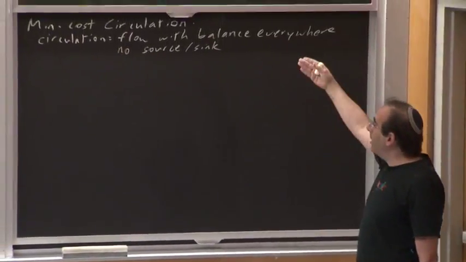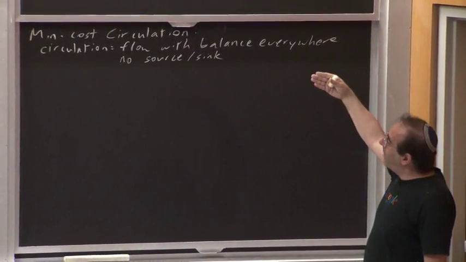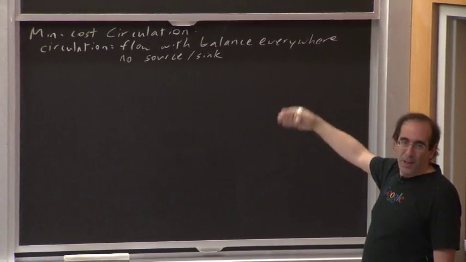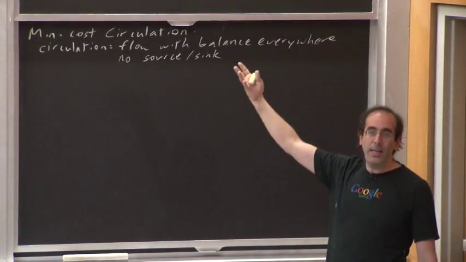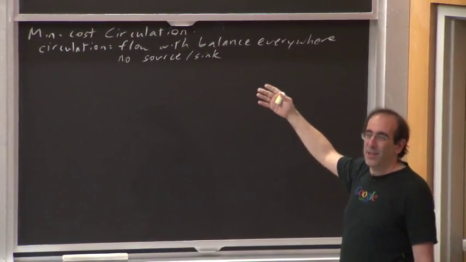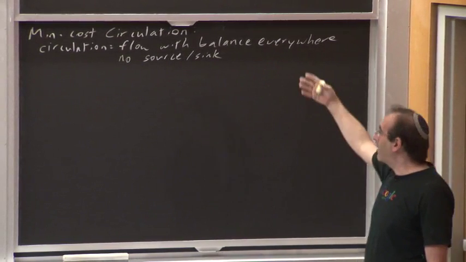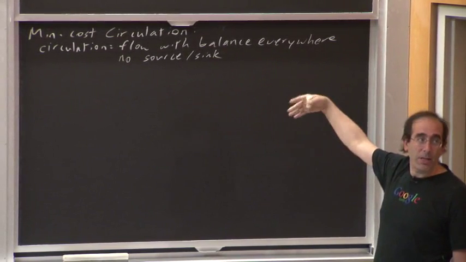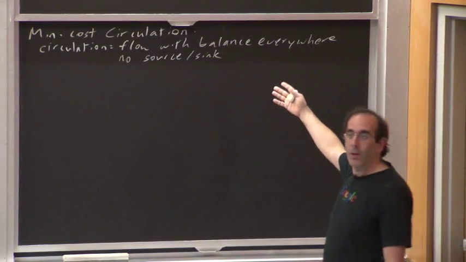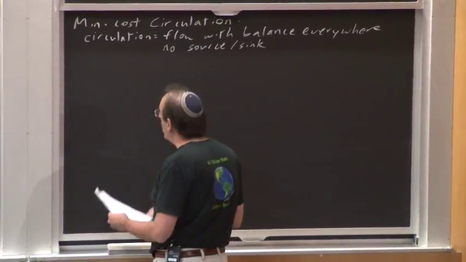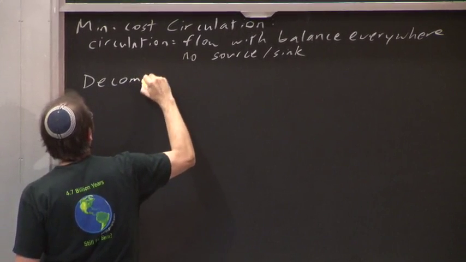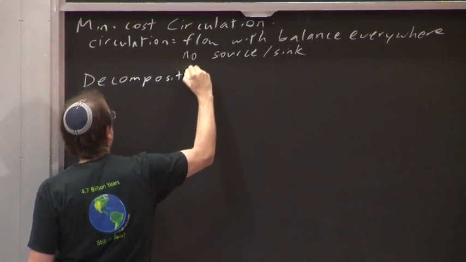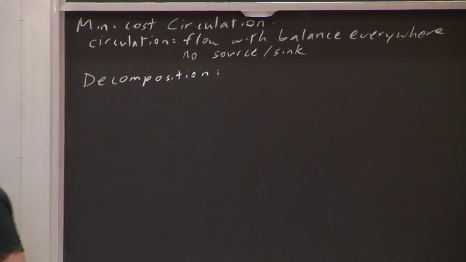And actually, min-cost circulation is a more elegant problem than max flow because there's no longer this special S and T pair, right? So if we had costs in the beginning, it would actually have been more natural to think about the min-cost circulation problem, because it's cleaner. And one way it's cleaner is that you have a cleaner decomposition argument. So what could we say about the decomposition of a min-cost circulation?